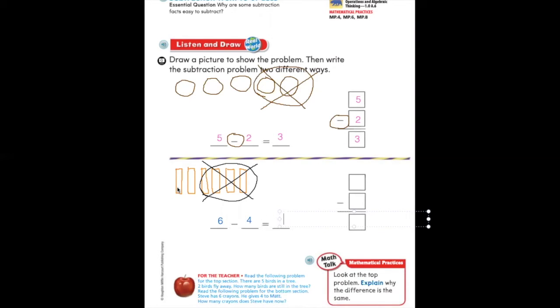Steve has 2 crayons left. That means our answer is 2. When we write it vertically or up and down, we will use the same numbers, just like we saw in the first problem. 6 is the number of crayons that we started with. Then Steve gave 4 of the crayons away, so 6 minus 4, and our answer is still 2 because that is the number of crayons that Steve has left.